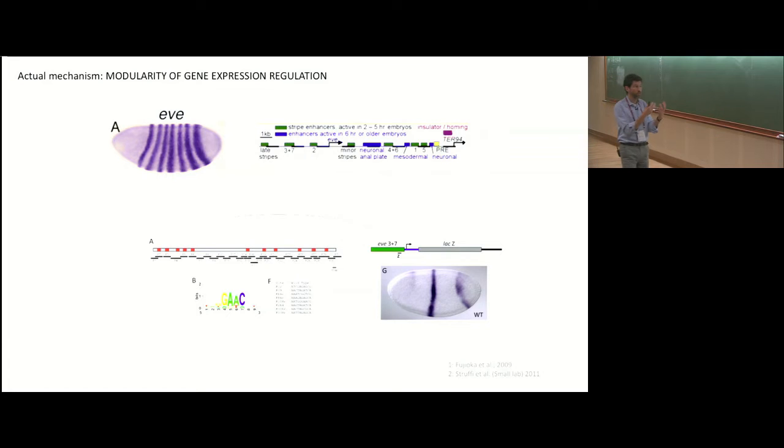This morning we heard about induction. There are certain molecules, and if you are close to the cells sending you these molecules, you will activate a signal transduction cascade that will end up activating a transcription factor, and you will have that transcription factor as opposed to some other cells which are far away from the inducing cells. Right.